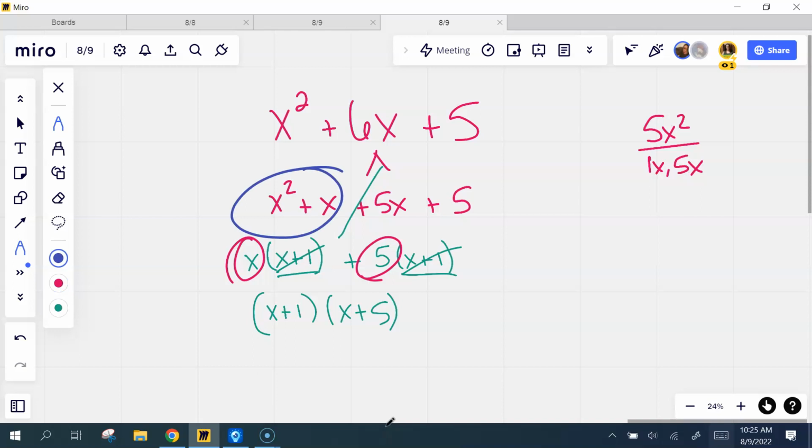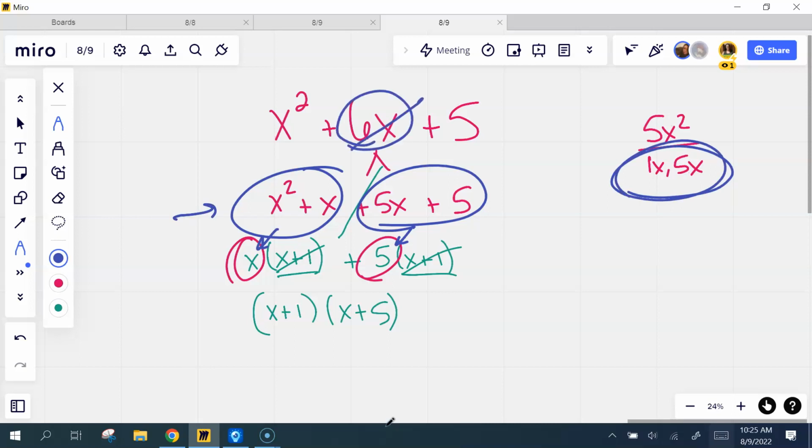So we found the GCF of these two, and it was x. So we took it out of both. Then we found the GCF of these two and took it out of both. These two values that we found over here, we took the middle one and used, instead of 6x, 1x plus 5x, which is the same thing, but we just wrote it differently.